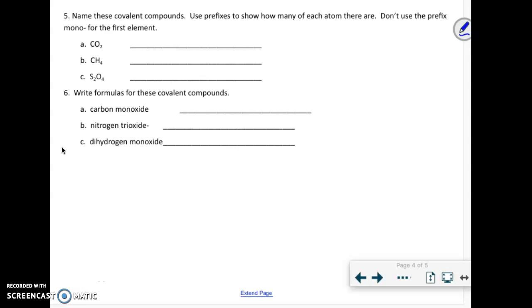So again, I'll put this on the Google Classroom as part of practice problems, but let's just go over it in case you have any sort of problems. There is one carbon here. We don't use mono on the first one, so it's just regular old carbon. There's 2 oxygens, so it's dioxide. You've got to remember to change that ending to IDE again.